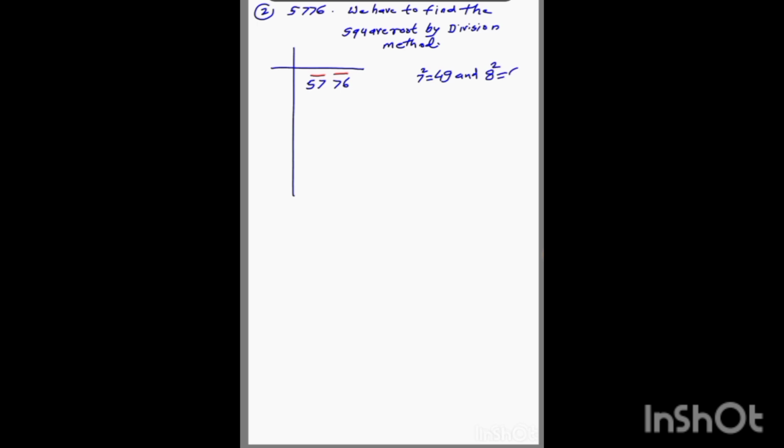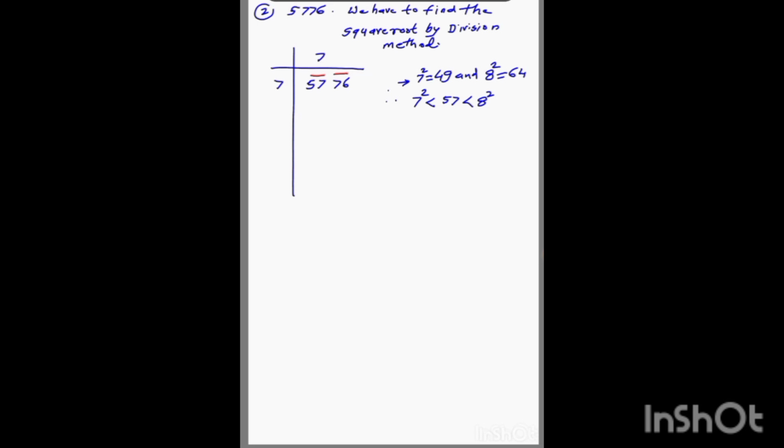So 7 square is less than 57, which is less than 8 square. This will always be a maximum 2-digit number, so it is very easy, from 1 to 9 only. If it is 1 digit, then 1 to 3 and 4 to 9, okay. That makes the problem very easy.